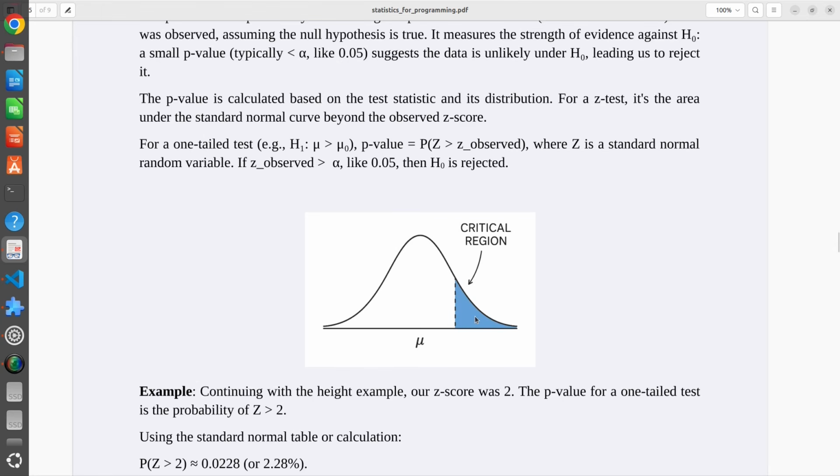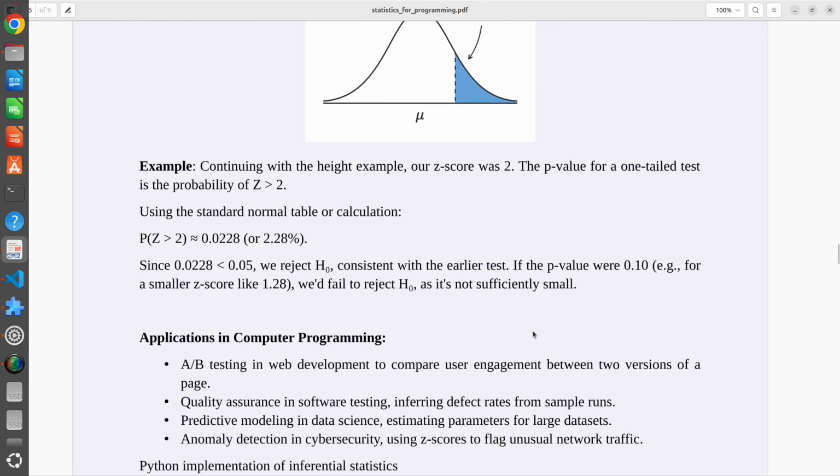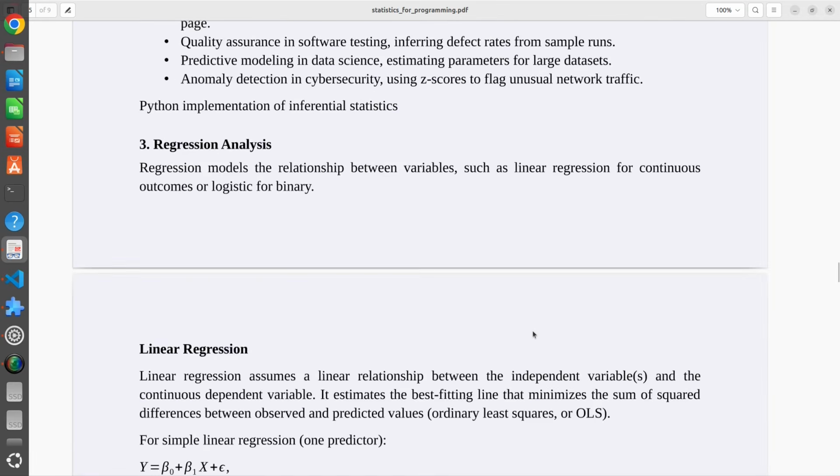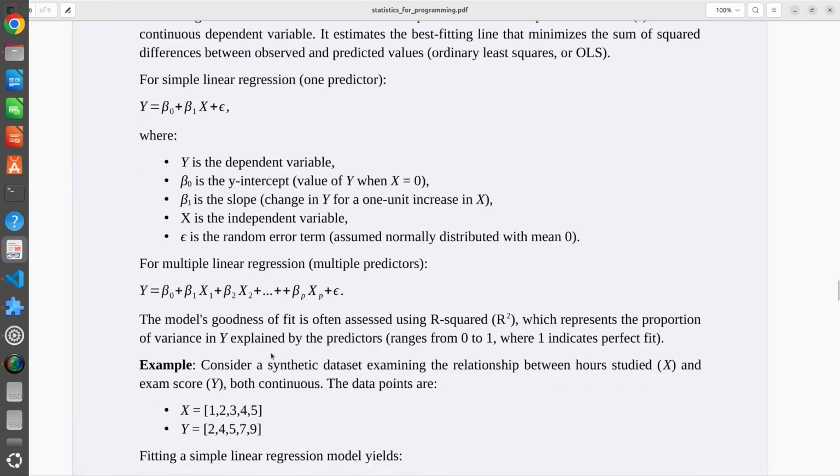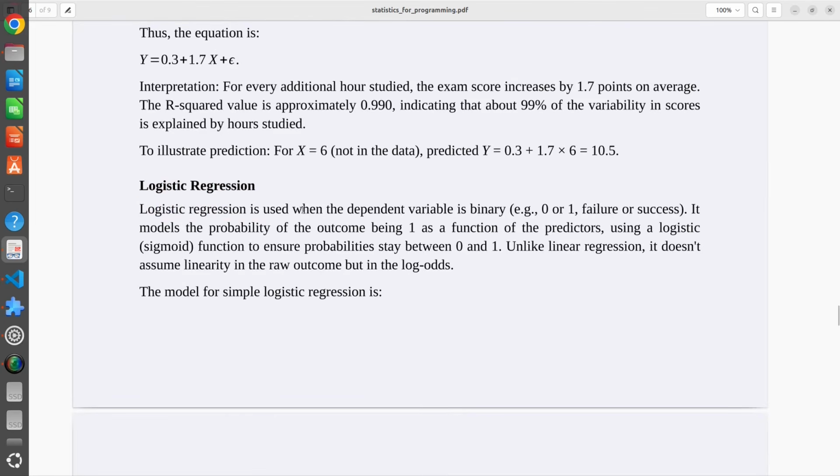Okay, so this level of significance is represented by probability. So if it is 5% of level of significance, then this area will be 0.05, okay? And when we have 0.05 as the area, we can find out the corresponding critical value that can help us get 0.05 as the probability, okay? And then we can use the critical region to help us determine whether we need to reject H0 or whether we don't reject H0, okay? And we also learned regression analysis that involves linear regression and logistic regression, okay?